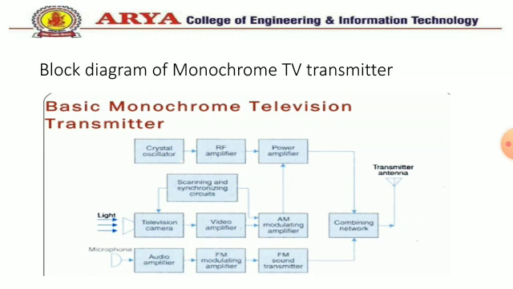That electrical video signal is given first to the video amplifier, and after the video amplifier we give it to the AM modulator. So there is an AM modulating amplifier, which is a combination of an AM modulator and an amplifier.